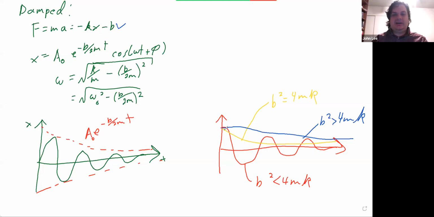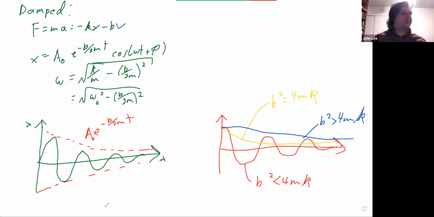That's the case for this yellow area over here, which is called critically damped, where omega just goes away completely. And if you have b squared greater than 4mk, omega becomes imaginary, because b over 2m squared becomes bigger than k over m.